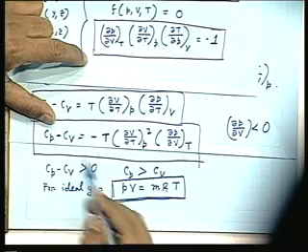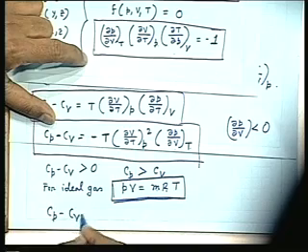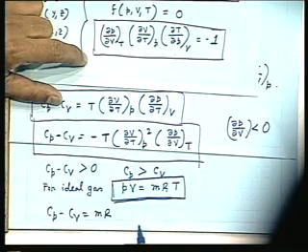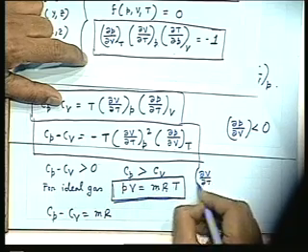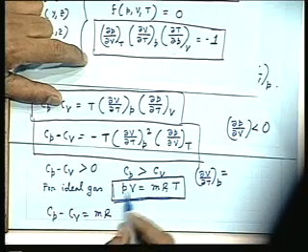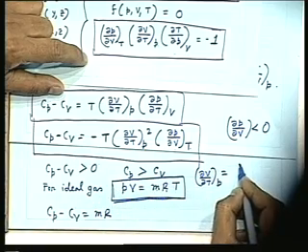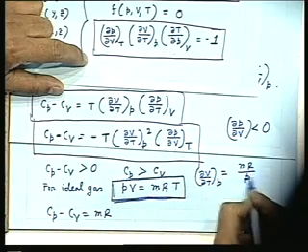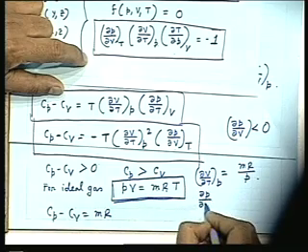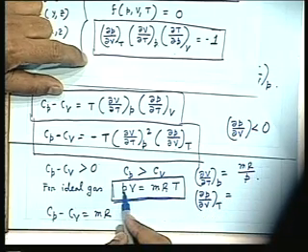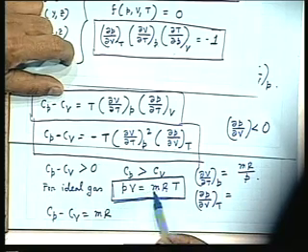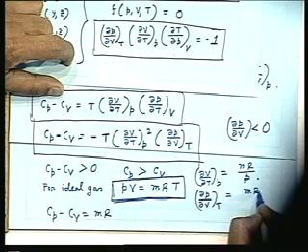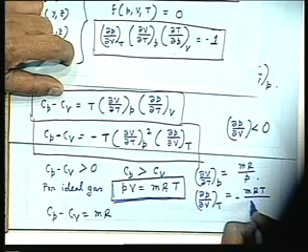Del P del V at T, we will arrive at Cp minus Cv is equal to mR. So we have to only find del V del T at P, very simple. Del V del T at constant P is equal to mR by P. Similarly, del P del V at constant T, that means at constant T, is minus mRT by V square.